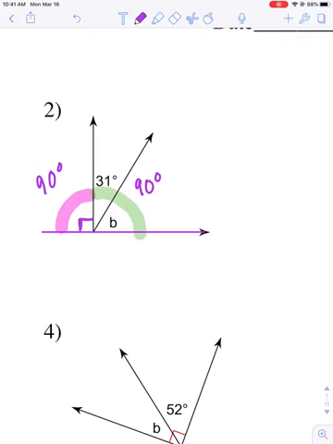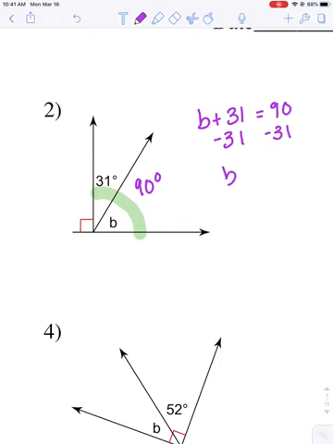All I care about though is the green. So I'm going to get rid of all of this stuff. This has to be 90 degrees. So the algebraic expression I can write is B plus 31 equals 90. I'm not even going to bother with the degree sign. I'll just put that in my final answer. Subtract 31 from both sides, and I get B equals 59 degrees. Here I do want a degree symbol in my answer because B is actually the name of an angle. It's worth 59 degrees.